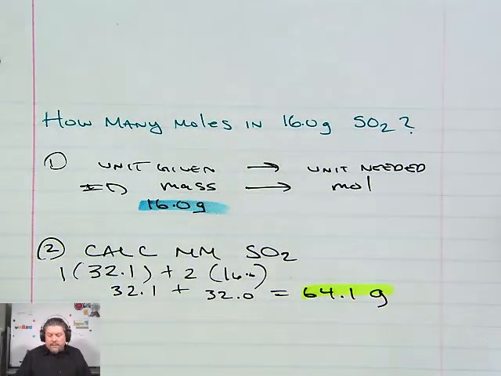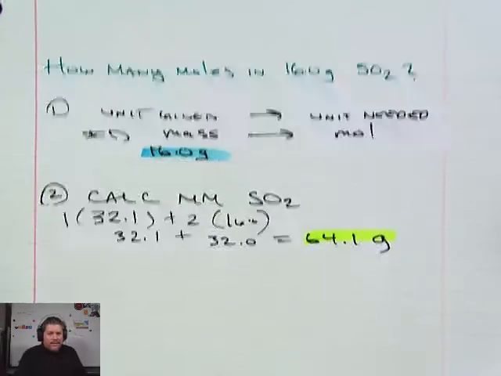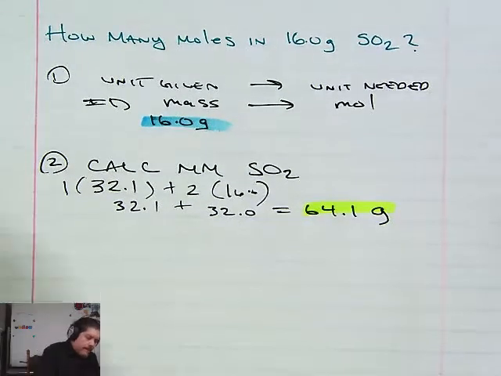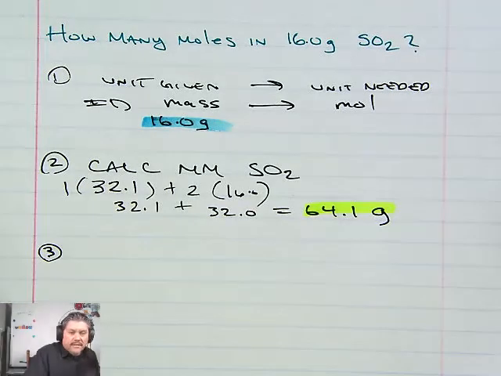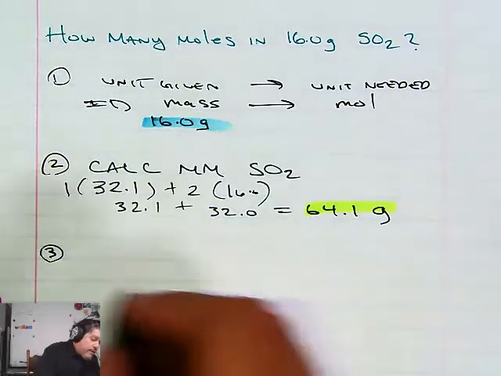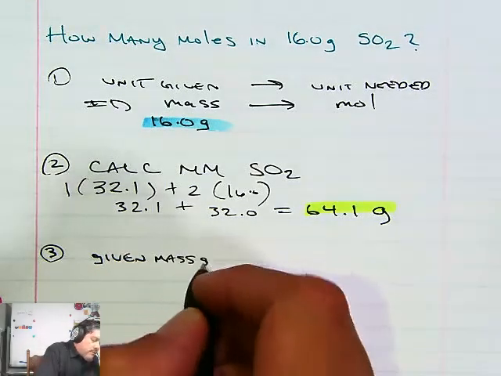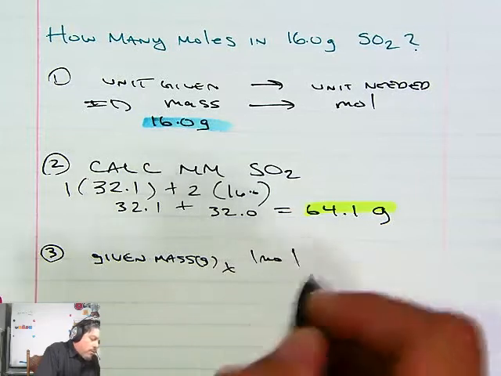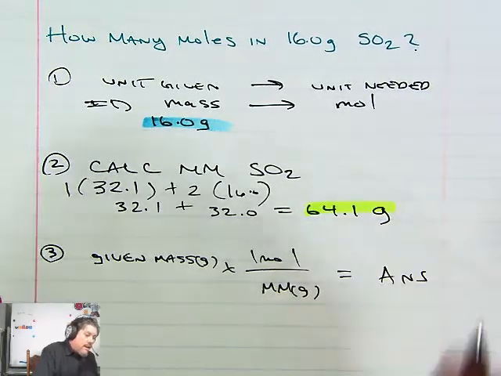You're going to find that every time that you do a problem, the more background information you get, the easier the ending becomes. And here it is, plug and chug, my favorite piece. Because this is a mass to mole equation, which you identified over here, we already know that that equation is the given mass in grams times 1 mole over the molar mass in grams, and that's going to give us our answer.